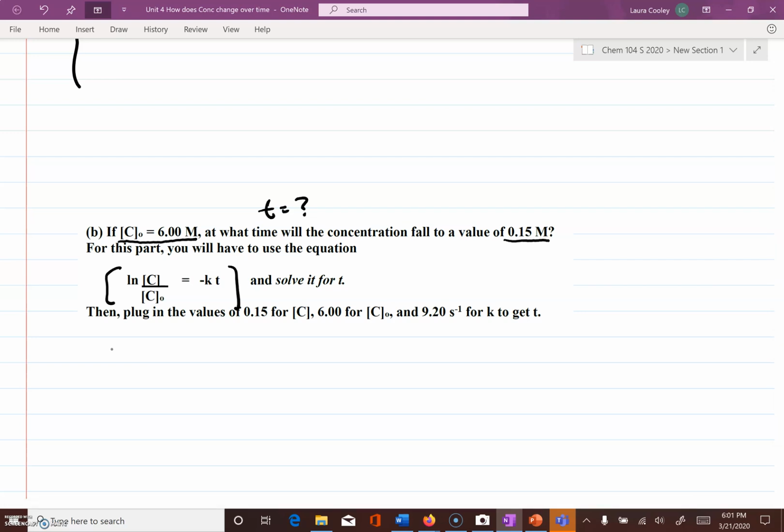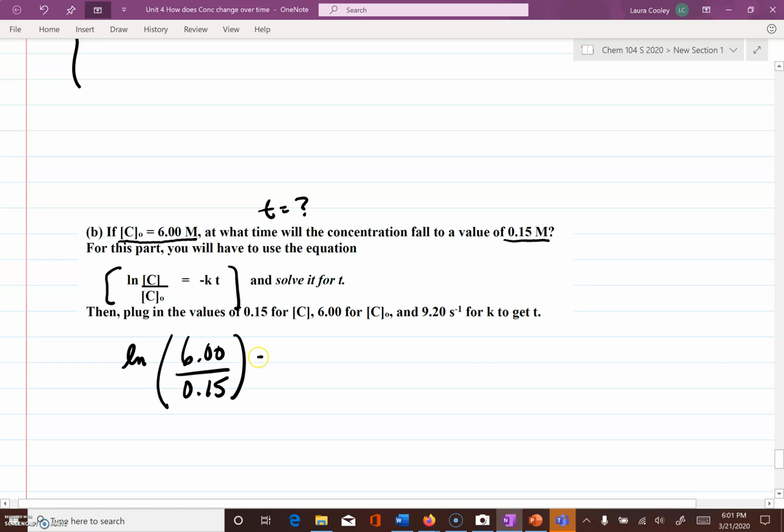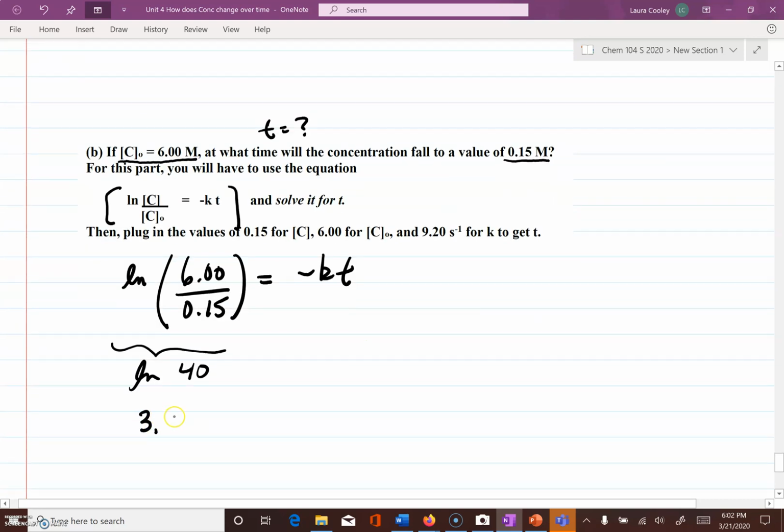Okay, so what I'll do is plug in these numbers, the log of 6 over 0.15 equals minus KT. So let's first figure out what this is. That's the log of 40. Natural log. 3.689.